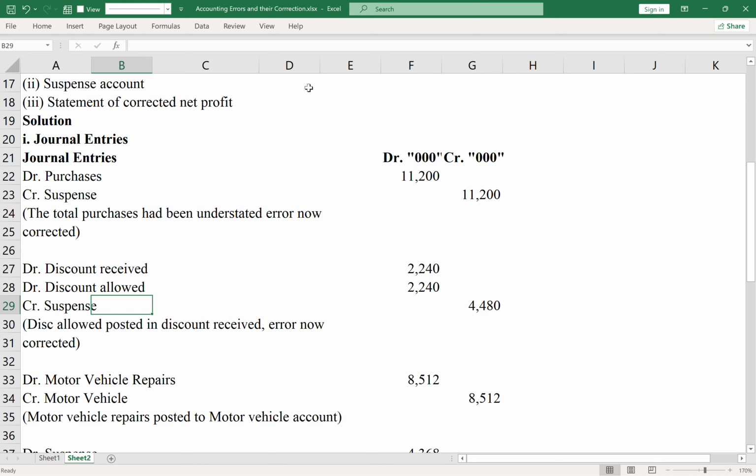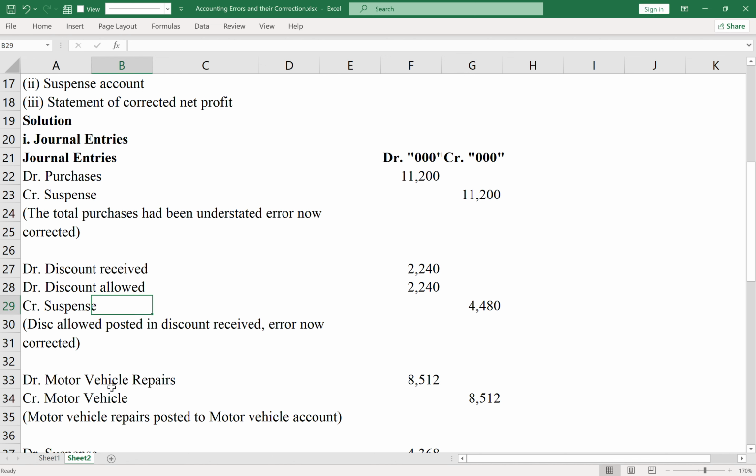Okay, we can continue. So we have number 3. We are told motor vehicle repairs amounting to 8,512 had been posted on motor vehicle account. So here, the motor vehicle repairs were posted on the motor vehicle account.